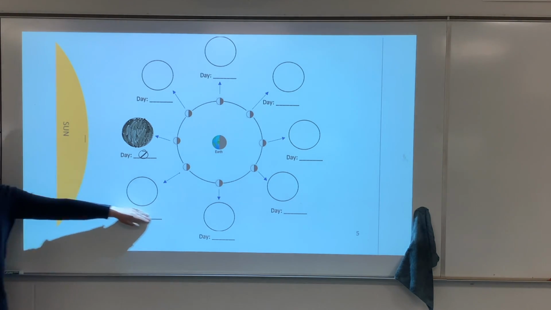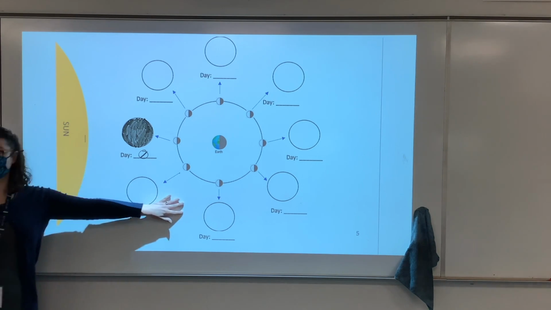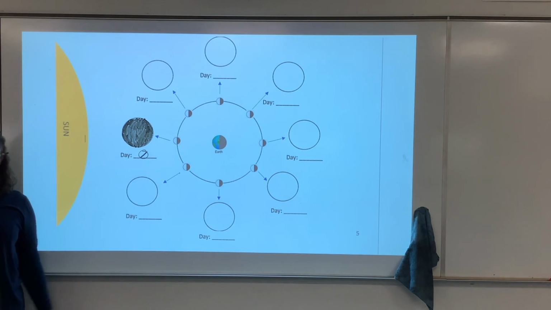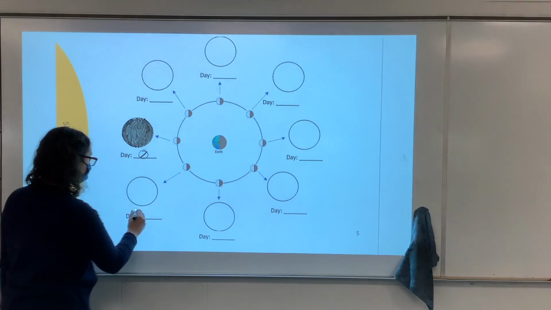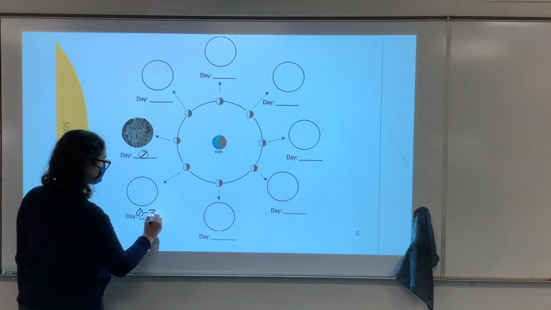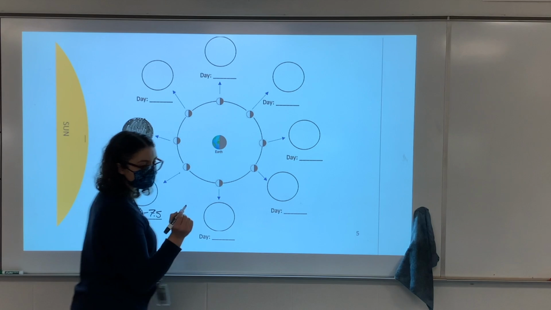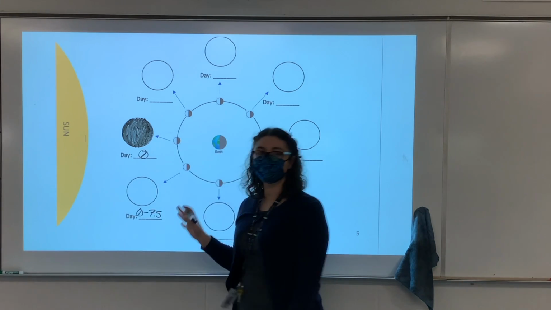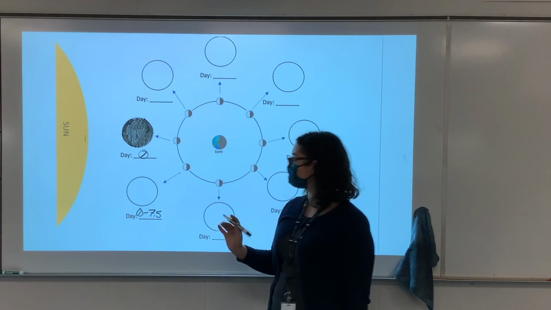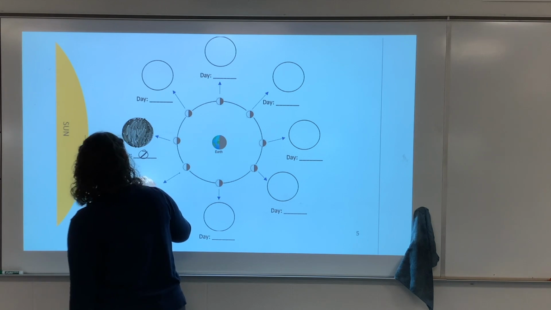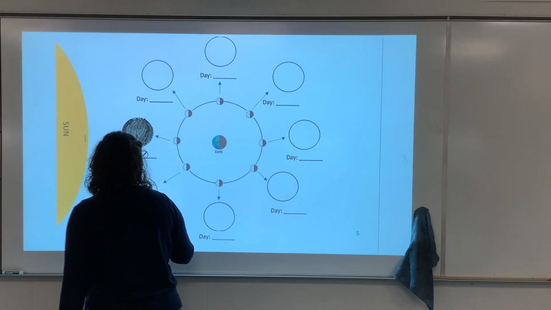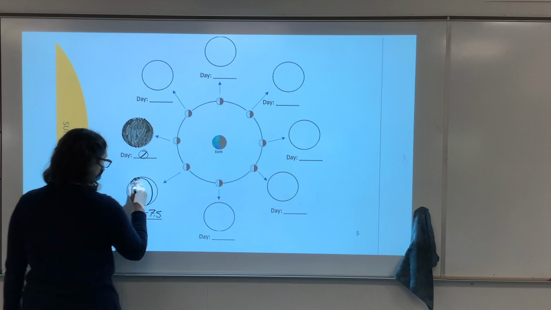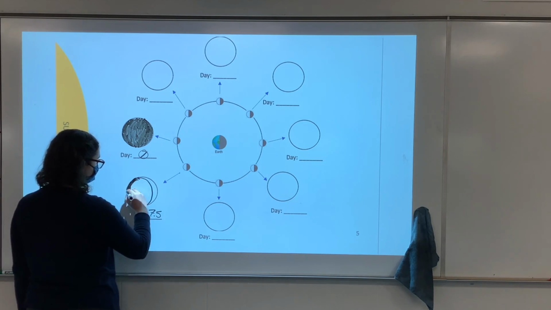Then the moon's illumination will slowly increase as we have a waxing crescent. And that takes place from day 0 to day 7.5. Again, remember, it's the right half of the moon that's illuminated first. So most of the left half of the moon should be shaded in.